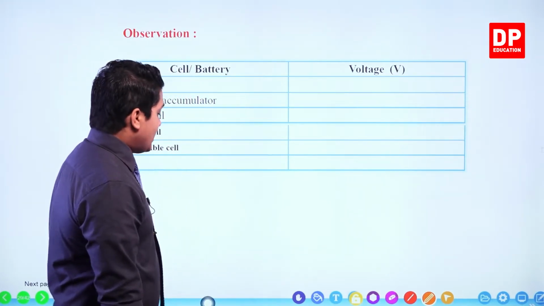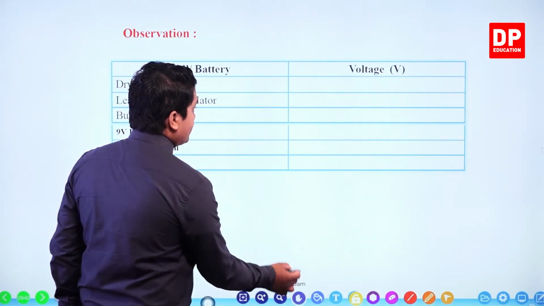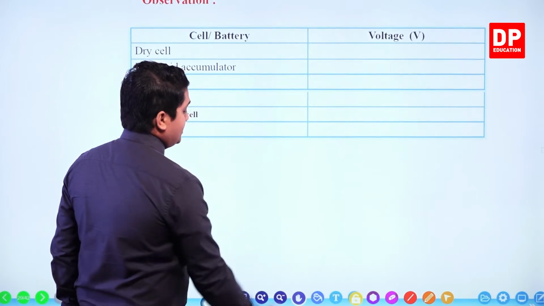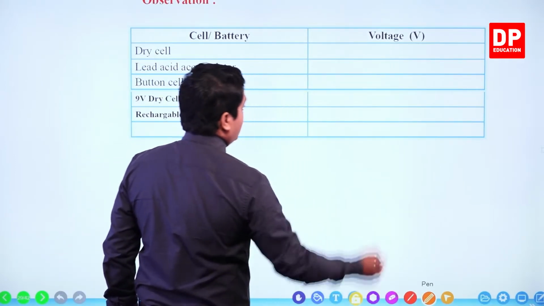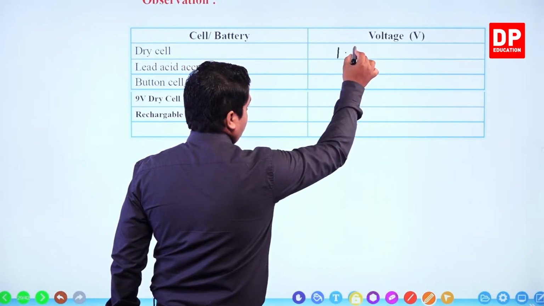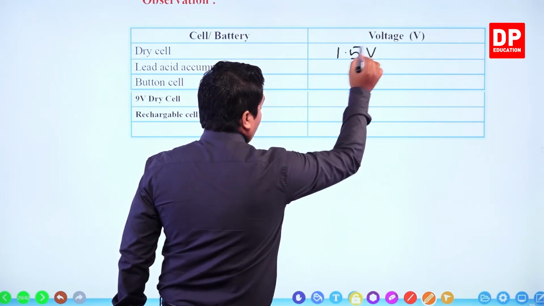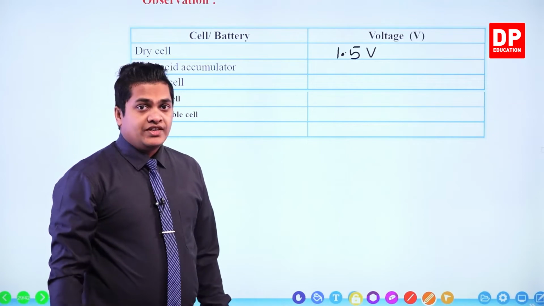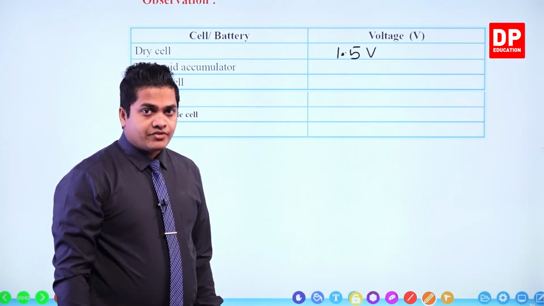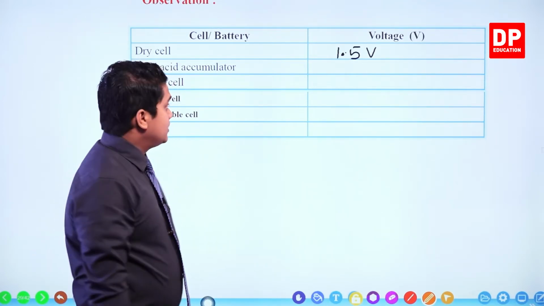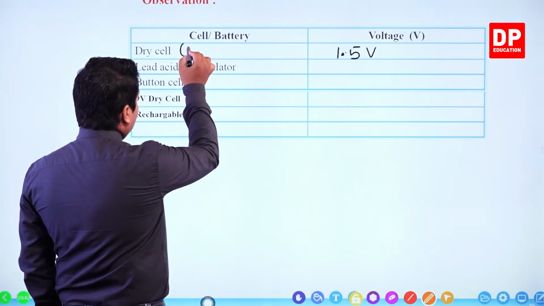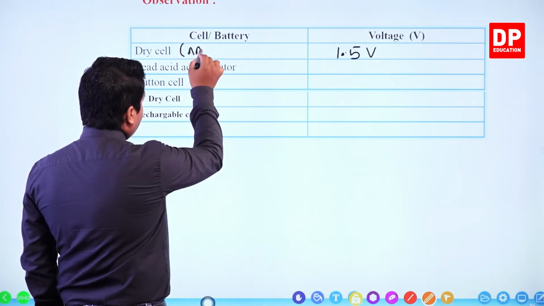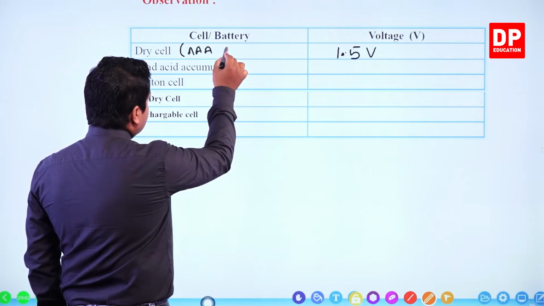So if you take a dry cell, usually the voltage is 1.5 volts. Usually it's 1.5 volts in dry cells, right? So I'll mention AAA size.